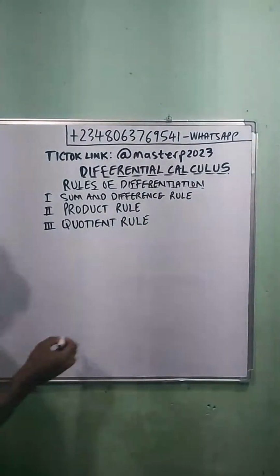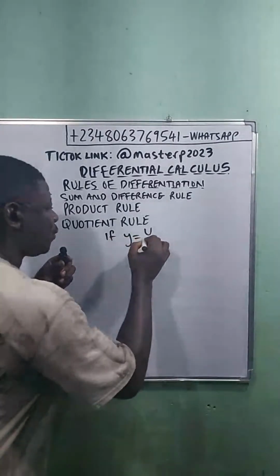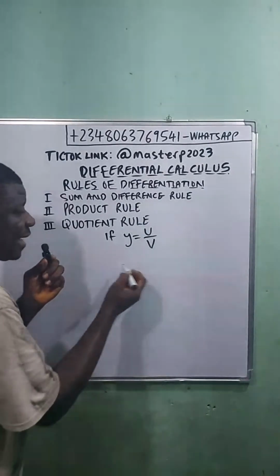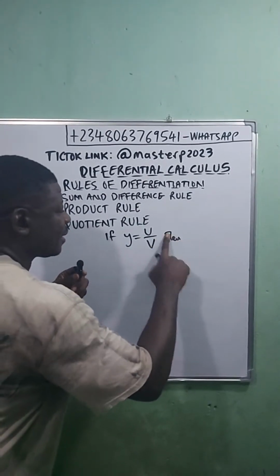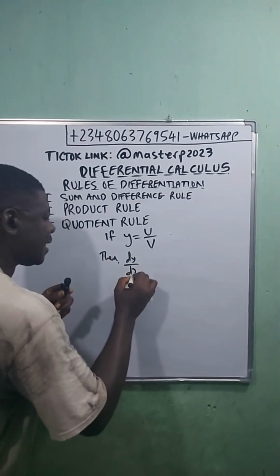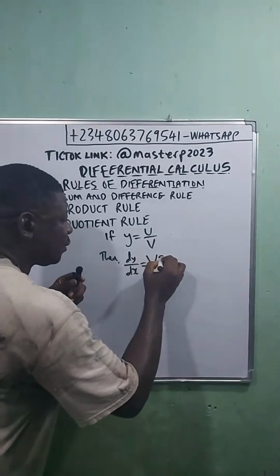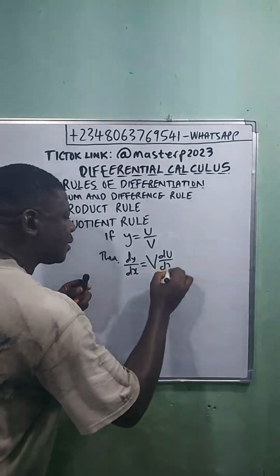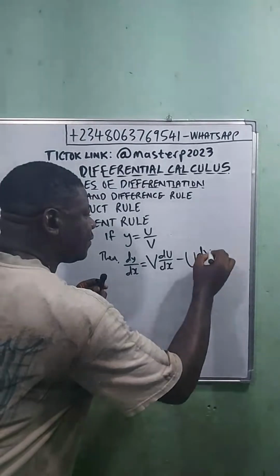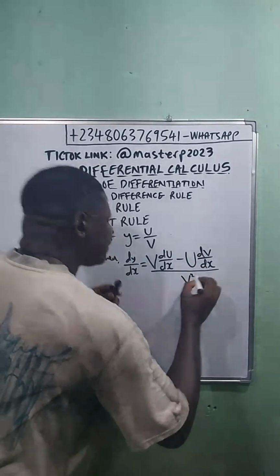Quotient rule makes us understand that if y equals u over v, where u and v are functions of x, then, let me put it this way, dy by dx simply means you keep the denominator constant, you keep v constant, you differentiate u, that will be du dx, minus you keep u constant, you differentiate v, dv dx, all over the denominator square.